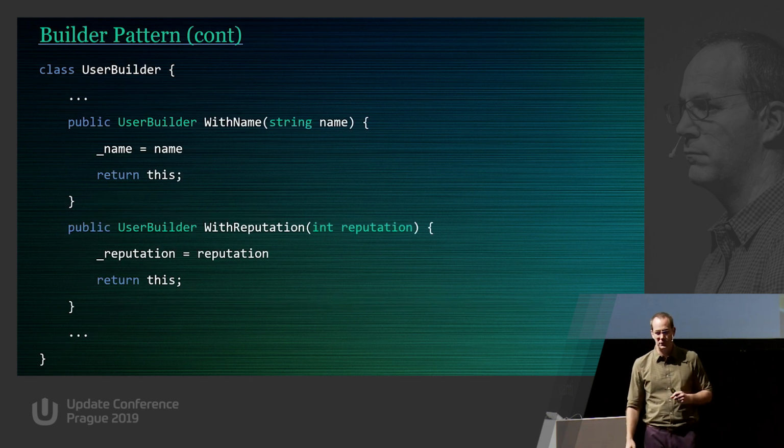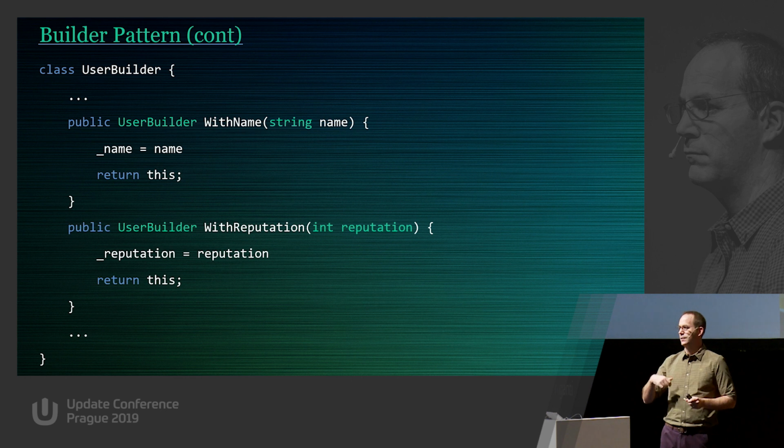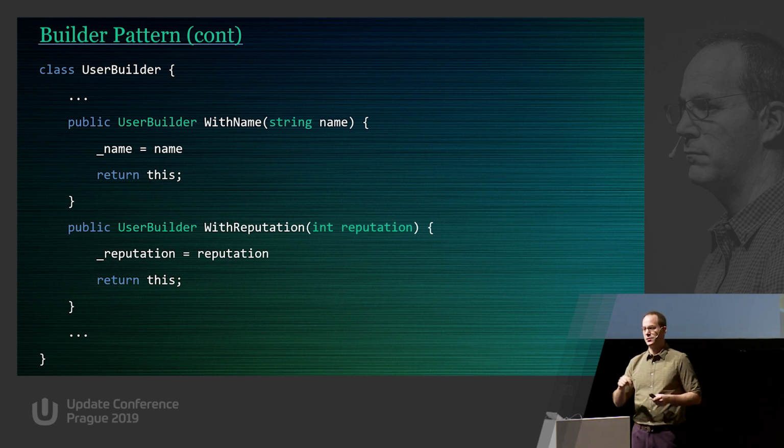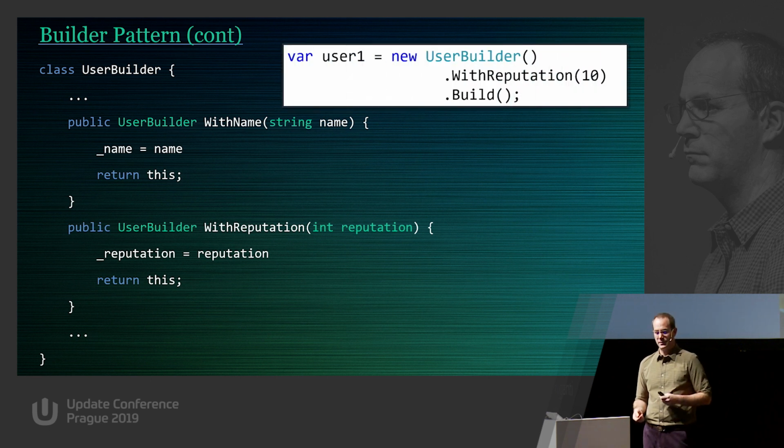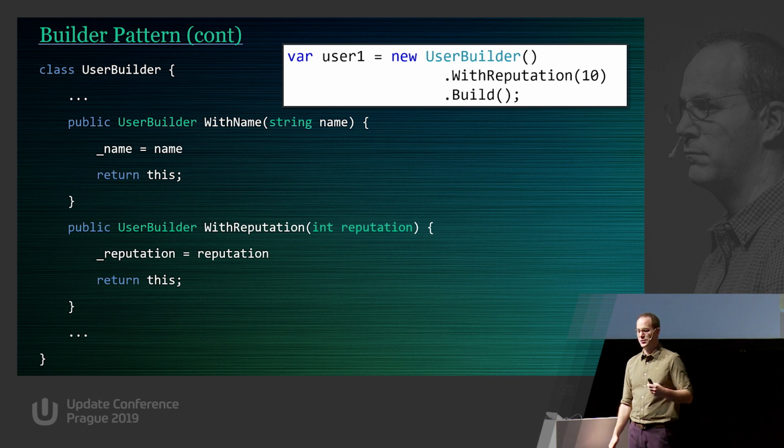But then I'll add a few methods to update, to adjust to my tests. For example, if I want to change the username in that specific instance, I'll call the method with name. And as you can see, I'll return the user builder. That's in order to create this nice fluent API. And then I can write something like this. Dear unit test, please create a new user with reputation 10.